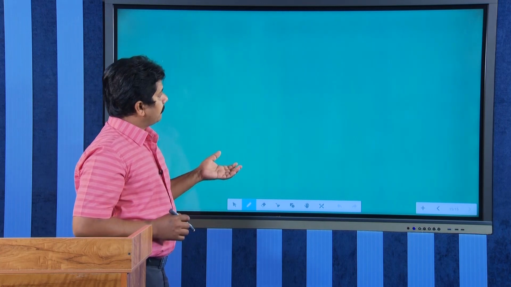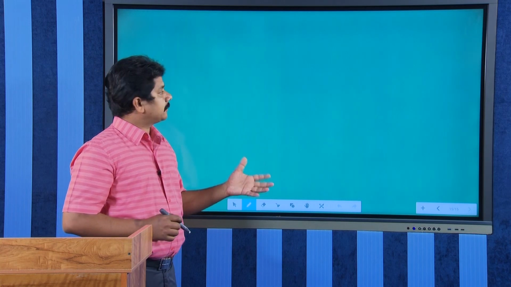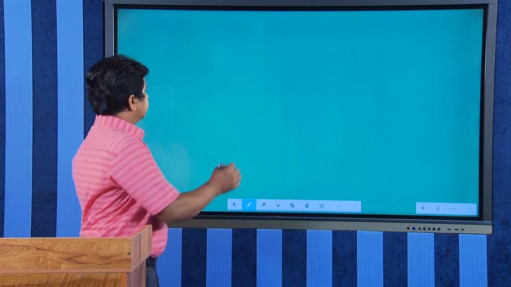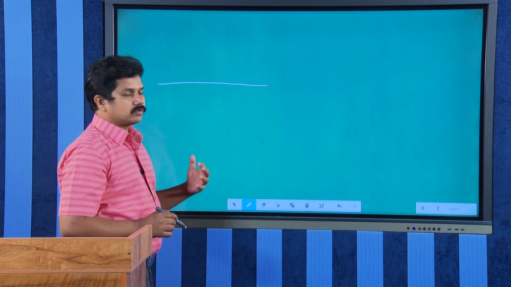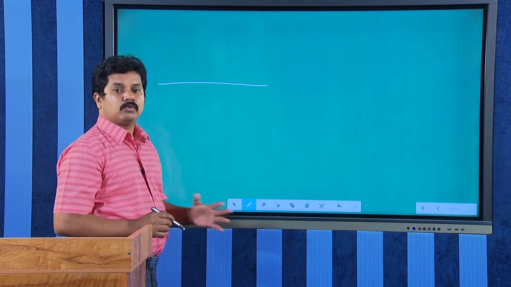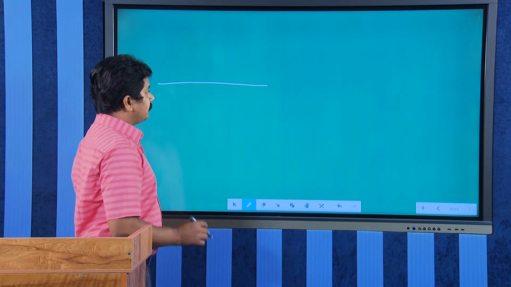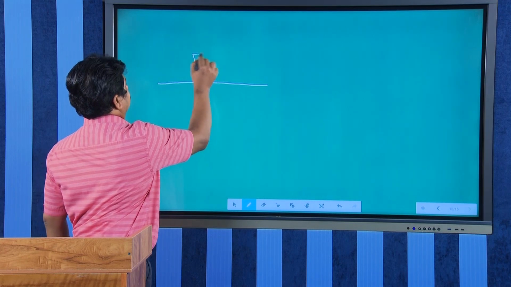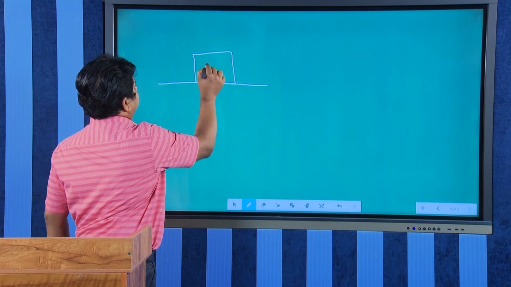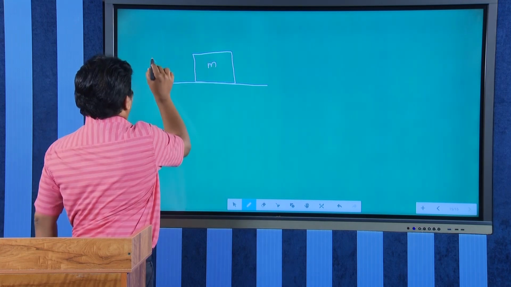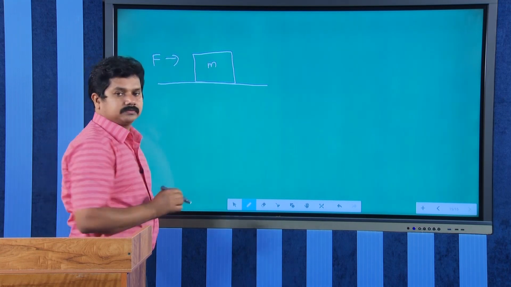So, now let us consider the motion of a block over a surface with friction. That is, we are considering the frictional force also in this case. It is not a smooth surface. Frictional force will be acting on it. So, take it as a block of mass m, F is the applied force.